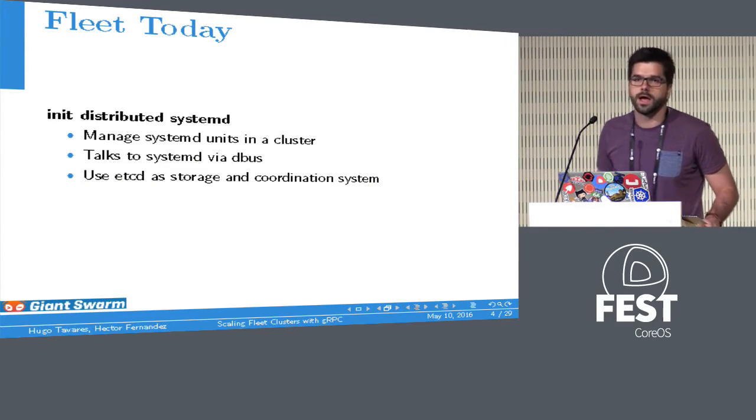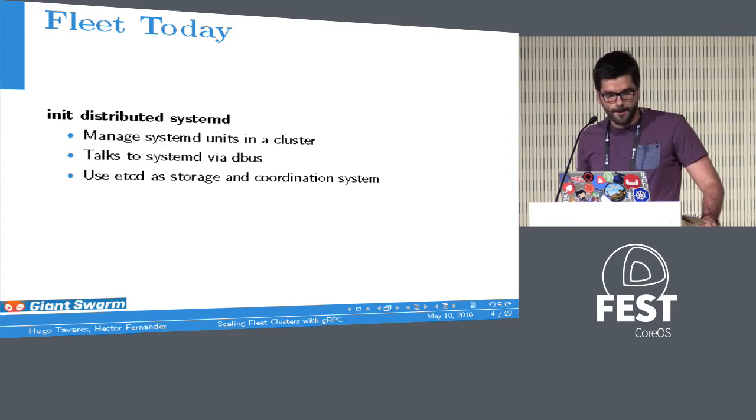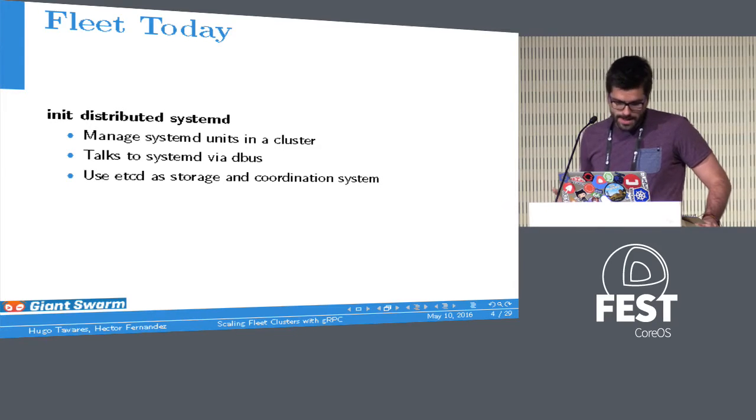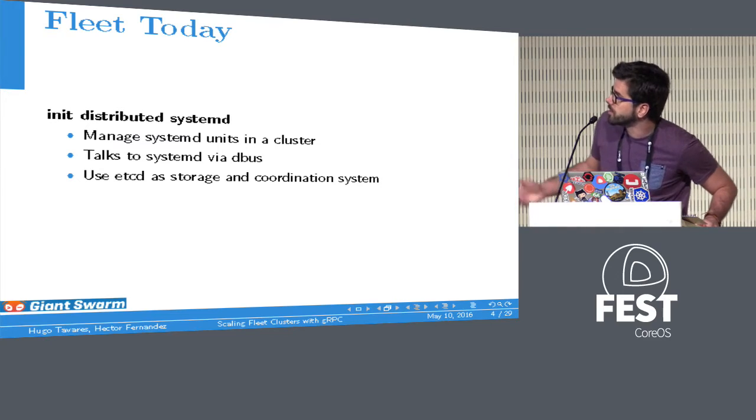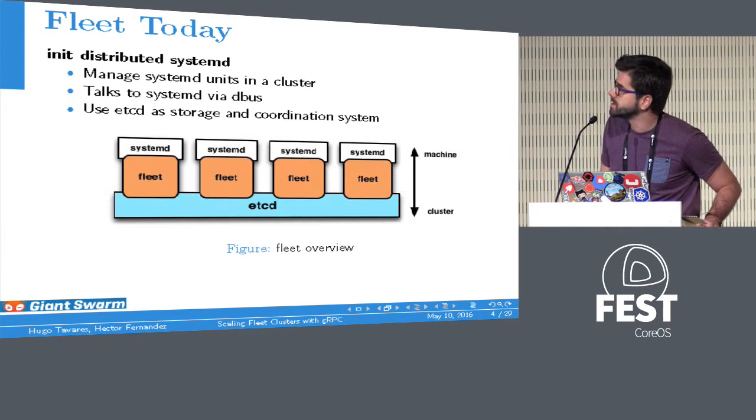So Fleet is a distributed init system, right? Which enables you to manage systemd units and uses etcd for persistent and transient storage of all the states of systemd units. With this figure, you can get an idea of what a Fleet cluster looks like.